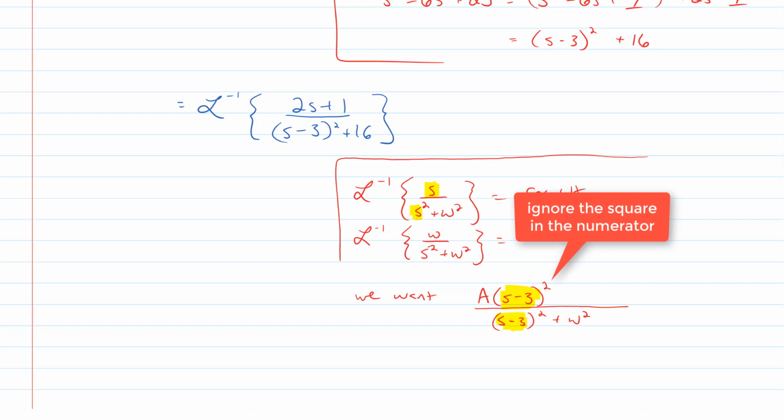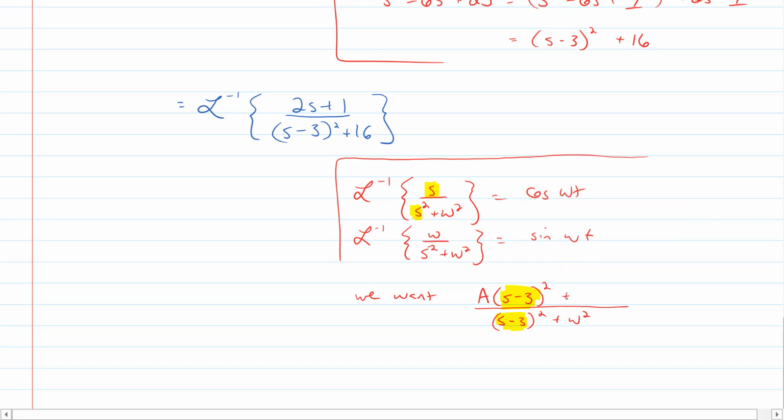And then to make the remainder look like the sine term, we're going to have some constant b times omega, to make this omega look like that omega. Okay, so that's the plan.